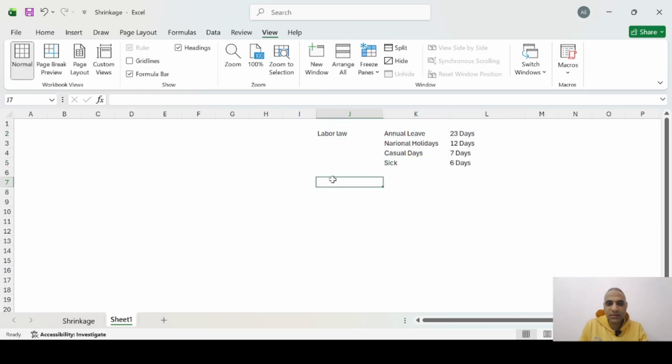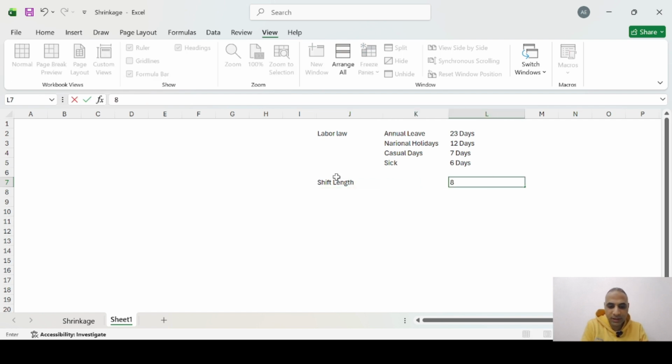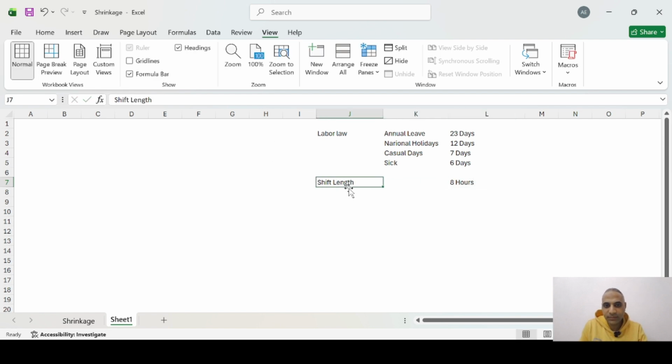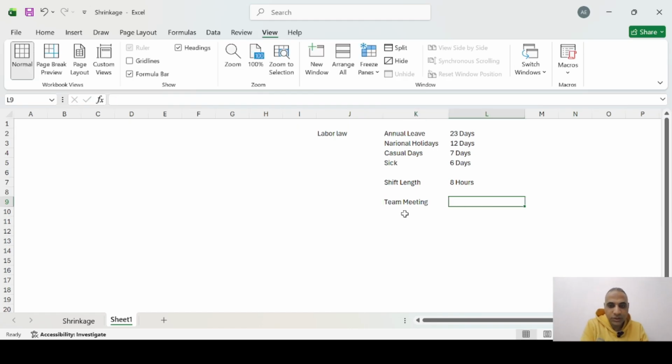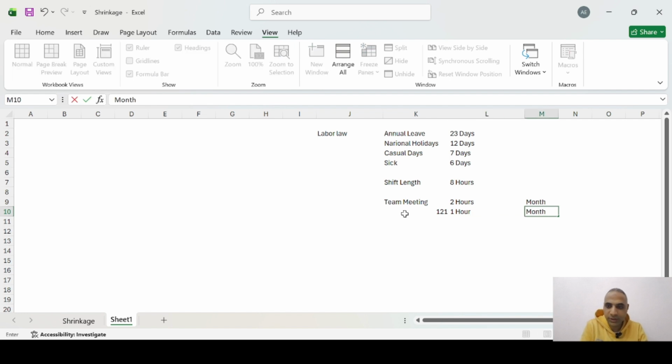After this, they said the shift length should be 8 hours for your FTE. Then they said you work it out together with the operations or the business owner, and they said that we need to have a team meeting of 2 hours each month. They said also that we need to have a one-to-one of 1 hour for each month. We need to have a paid break.